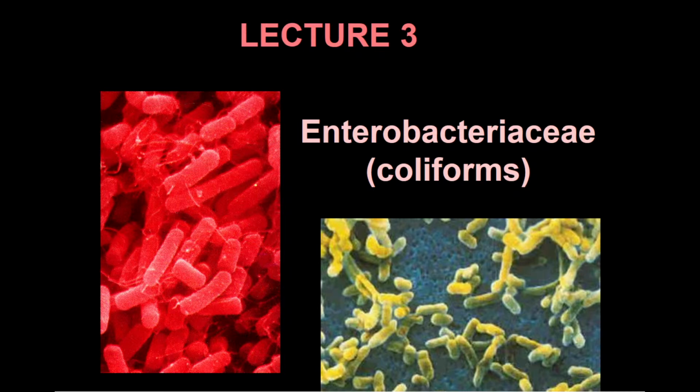So from the family Enterobacteriaceae. And the only bacteria you know by now is E. coli, and this E. coli is from this family. Okay? And you can see the large, high magnification photographs of these gram-negative rods.